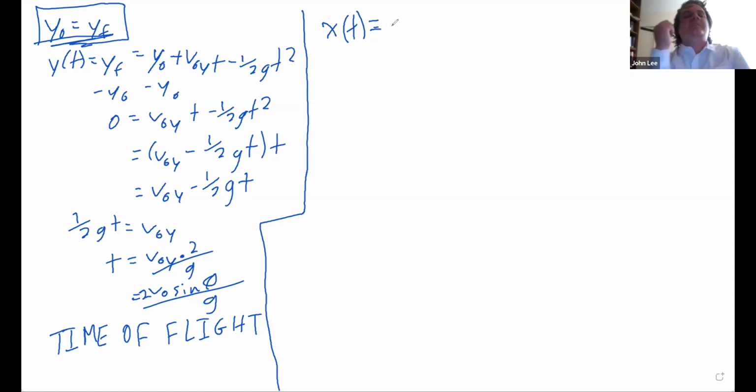So the trajectory tells us what y of t is in terms of x of t. It doesn't matter whether or not you end up at the same height as you do beforehand, like it does with the range and the time of flight.